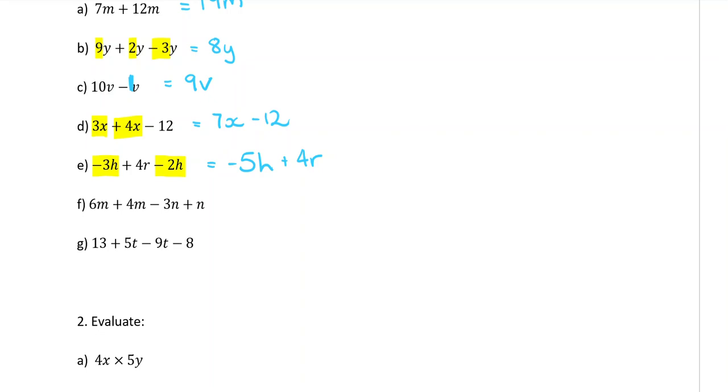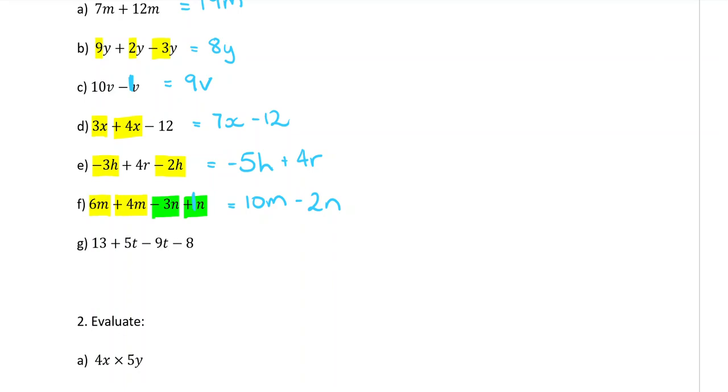For F, we have 6m plus 4m that will go together, but we also have minus 3n plus n. So 6 plus 4 makes 10m for the yellow ones, and then minus 3 plus the sneaky 1 would make a negative 2n.